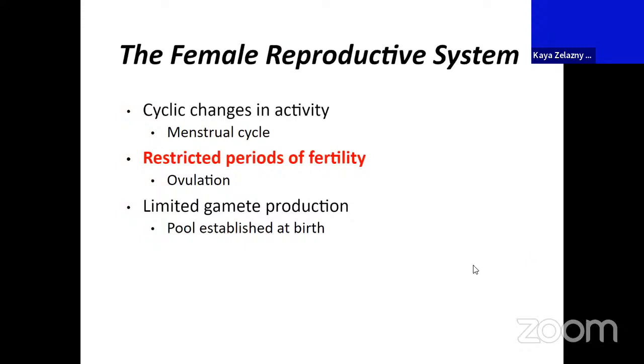In the male reproductive system, so long as we've hit maturity and the system is up and going, males are basically fertile all the time. We can always be producing sperm. But in the female reproductive system, this is only happening at specific periods of time. So a female is only going to be fertile when ovulation occurs. We need to mature that egg cell and release it in order for fertilization to happen. So that's one difference from the male reproductive system.